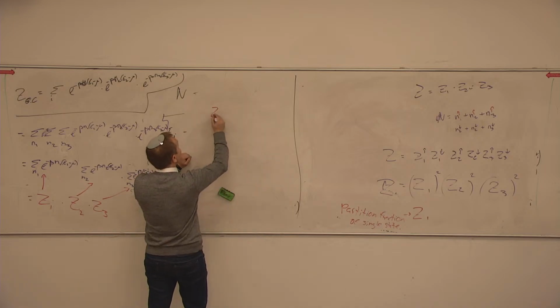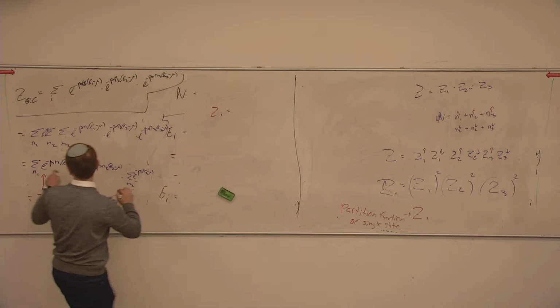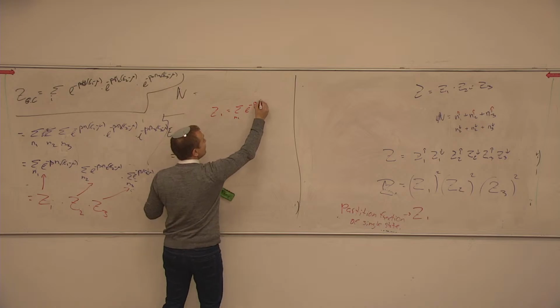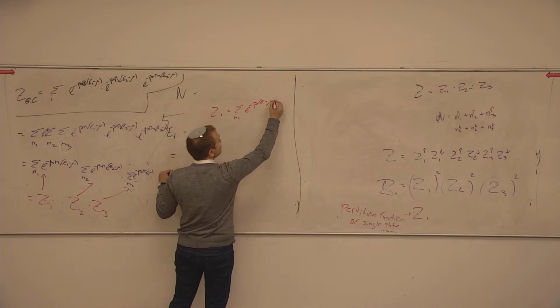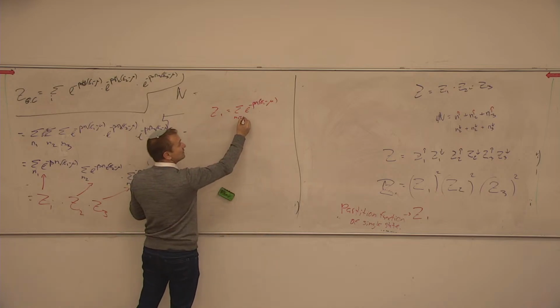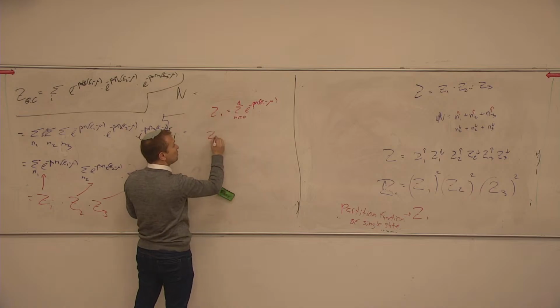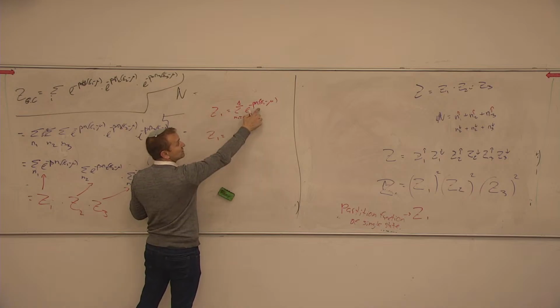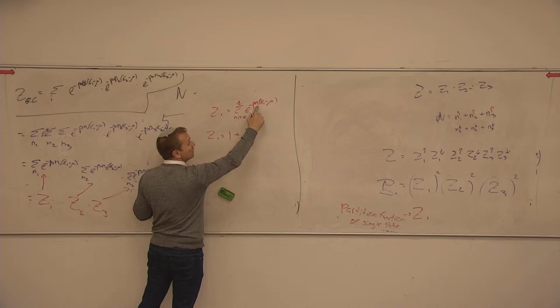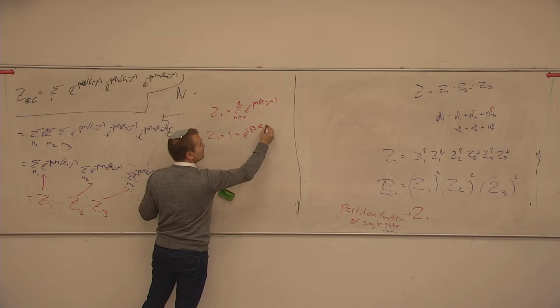So Z1 is the sum over N1 of e to the power minus beta N1 (epsilon 1 minus mu). Now N1 is 0 or 1. So Z1 is either e to the power 0, so it's 1, plus e to the power minus beta (epsilon 1 minus mu) for N1 equals 1.